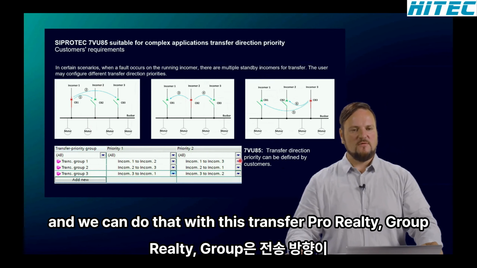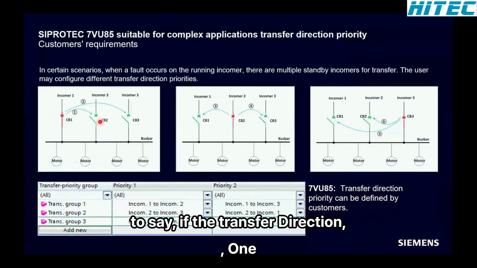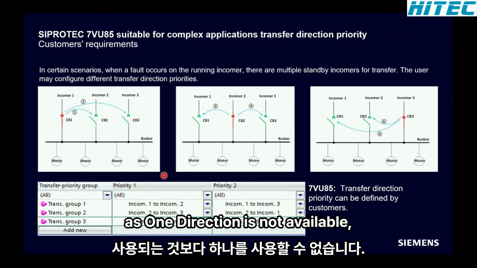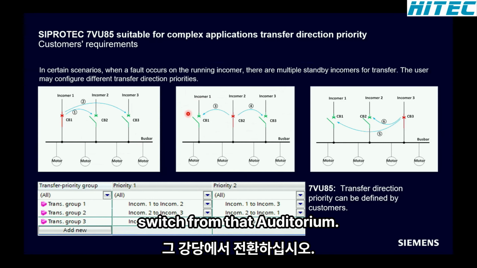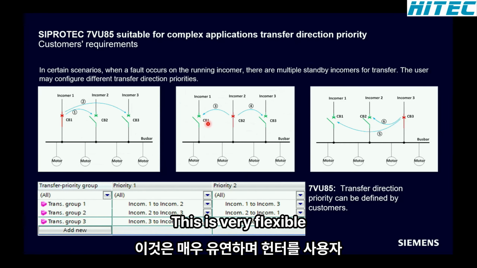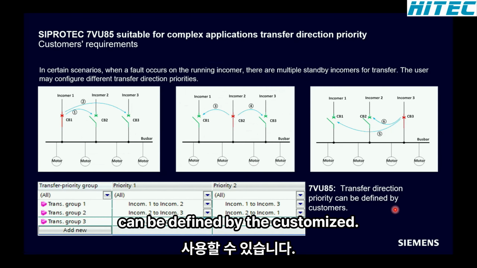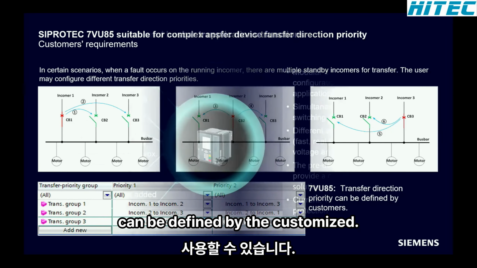We can do that with this transfer priority group to say if transfer direction 1 is not available, then use that one, or if this transfer direction is not available, then it should be switched to that direction. This is very flexible, and this can be defined by the customer himself.